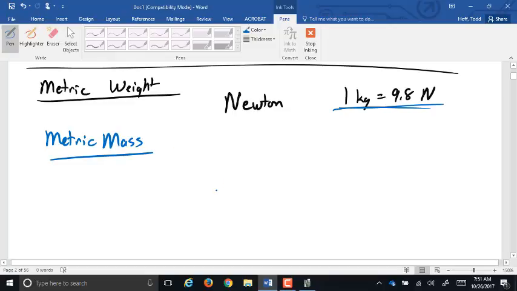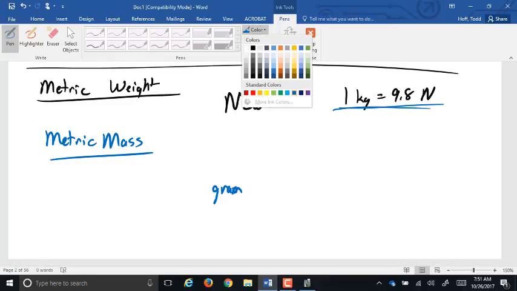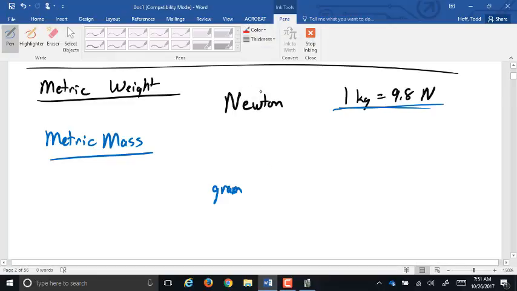So metric mass. Our one unit of mass in the metric system is the gram. Now, like our units of capacity, a gram is a planned unit. A gram is defined to be the mass of 1 milliliter of water. Remember, a milliliter is a cubic centimeter.